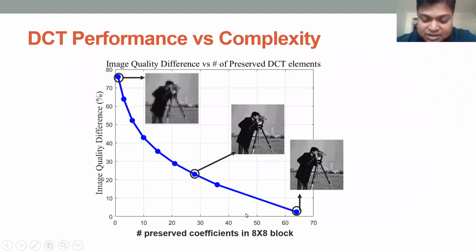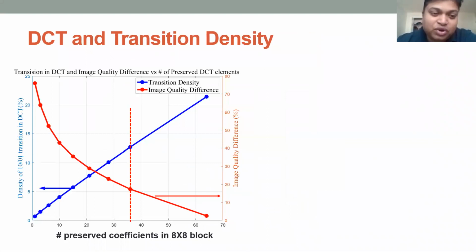So what we did from that point is we looked at the transition density of those data values, right? And this changes linearly. So this blue line is the transition density, and this red line was the image quality. If you say that I'm going to keep the quality within 10% degradation, then this would be the point.